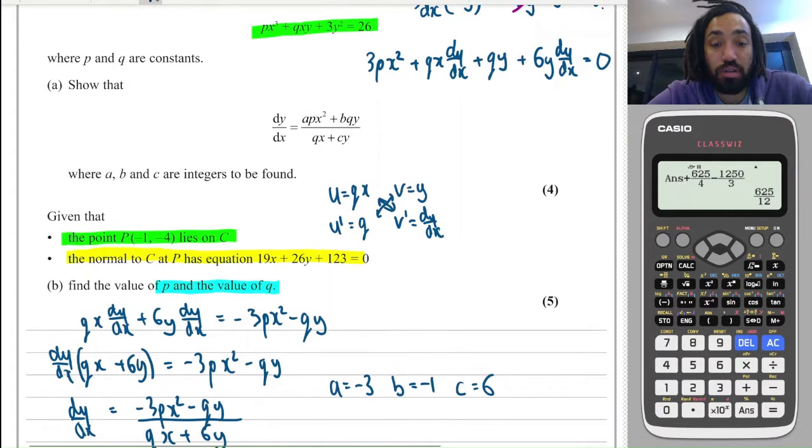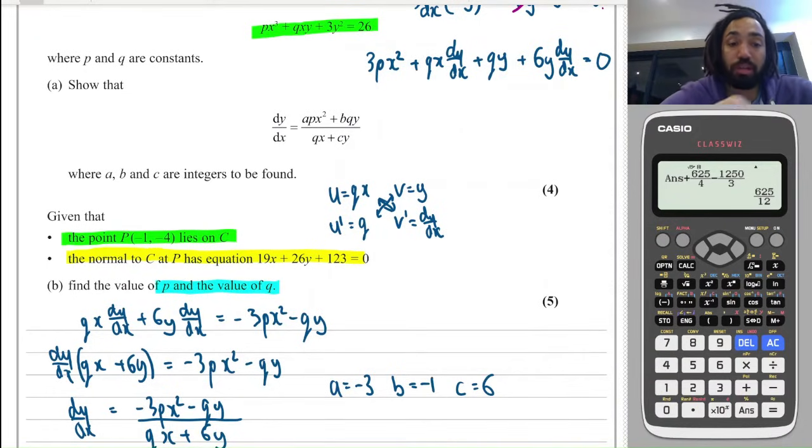Okay, so let's do that then. I'm just going to do it up here so I can see. X is minus 1. Cubed gives me minus 1, times P. We've got Q multiplied by X times Y, so that's 4 times Q, so that's 4Q.